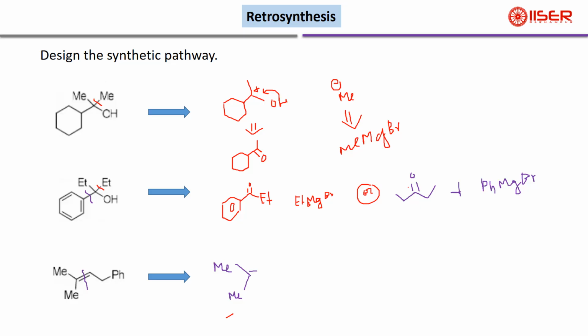So it can be a Wittig reaction between this acetone and this Wittig salt. If we perform the Wittig reaction between these two, we can get this as our product.